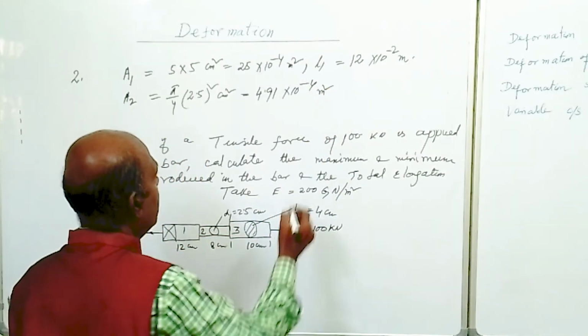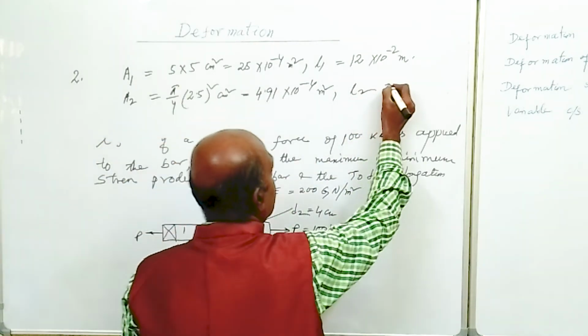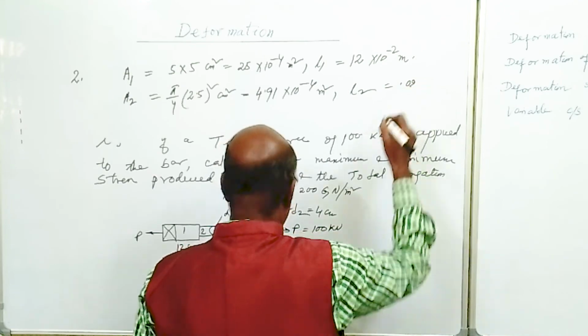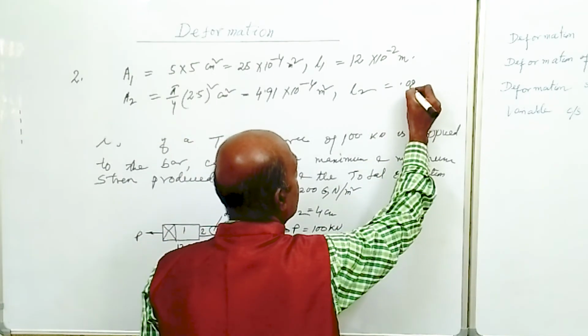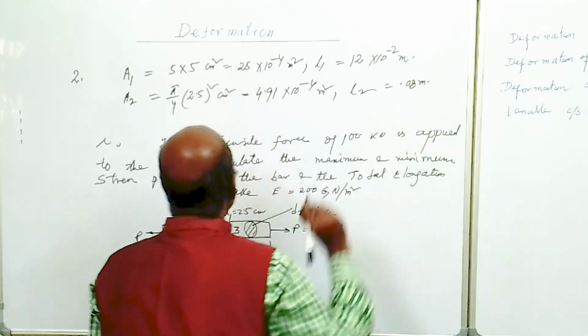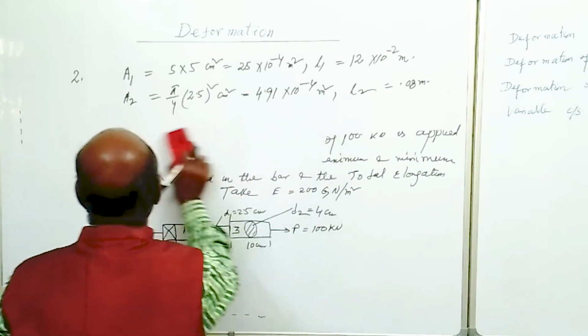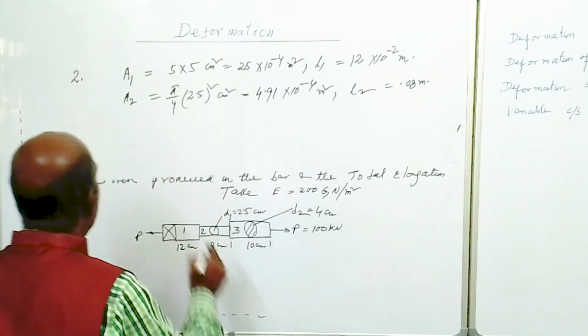And L2 is given as 8 centimeter, that is 0.08 meter. Okay, so we will see section 3, the third part of the figure.